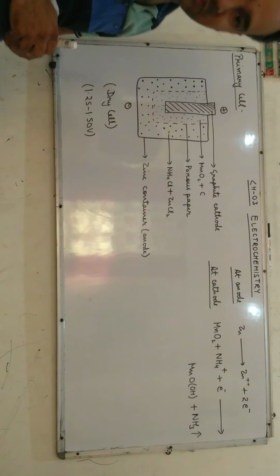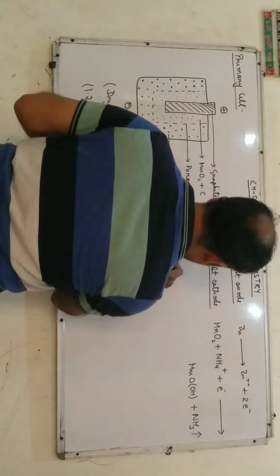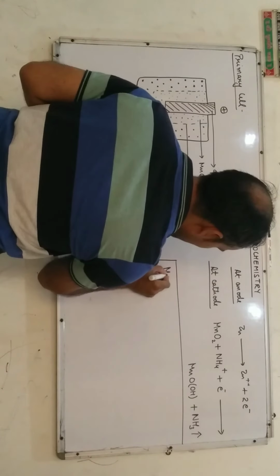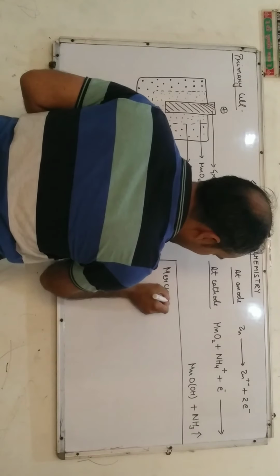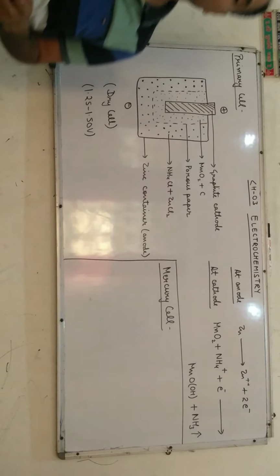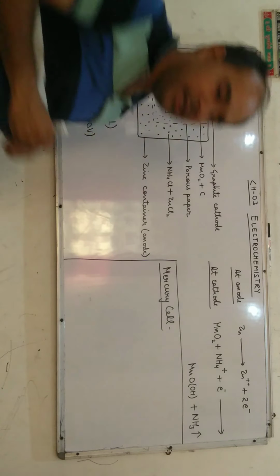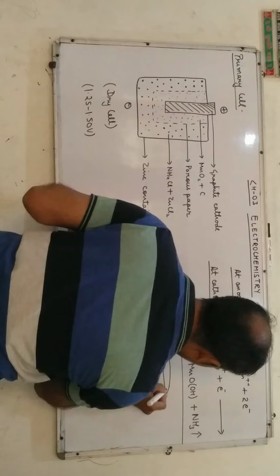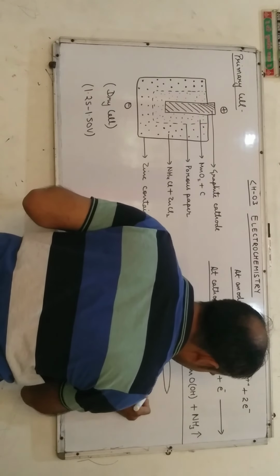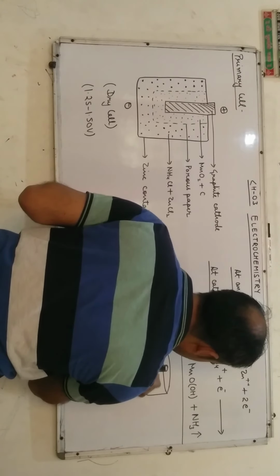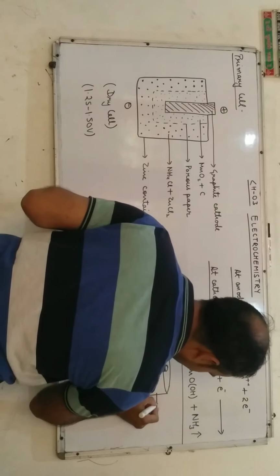Now let us discuss mercury cell. Mercury cell is said to be button cell or Ruben-Mallory cell. It should be noted that mercury cell gives constant voltage throughout its life because the overall reaction does not contain any ion whose concentration is affected.